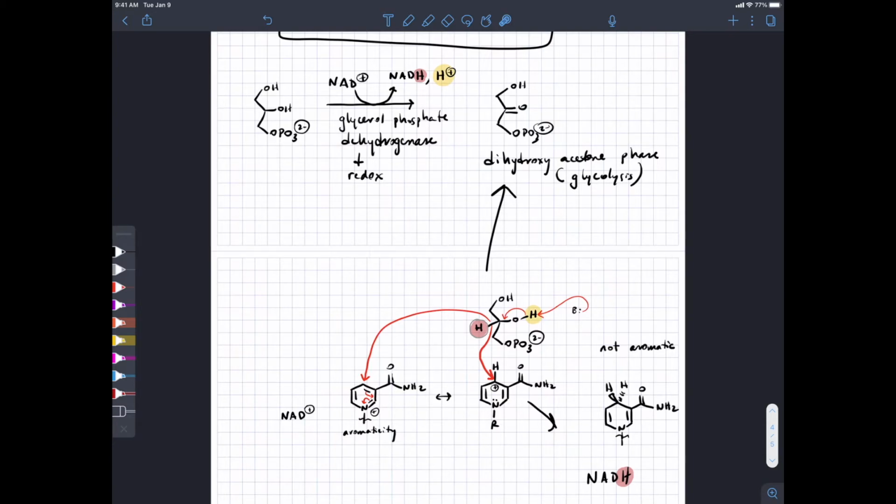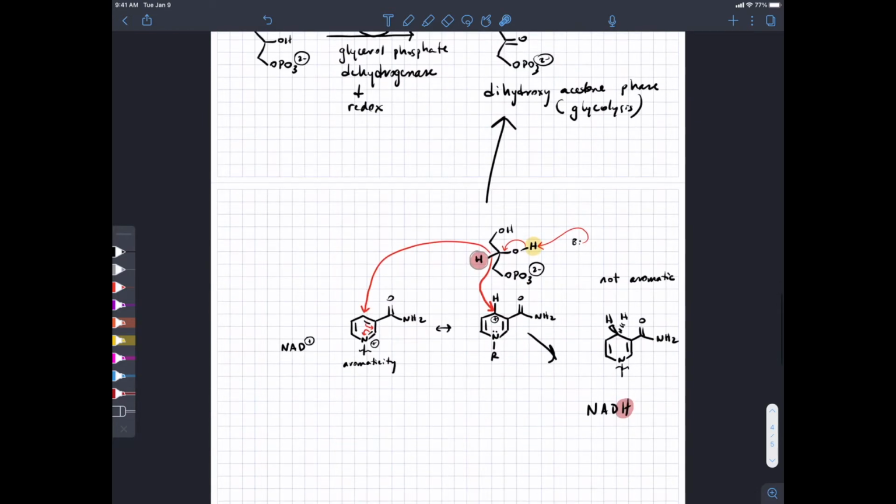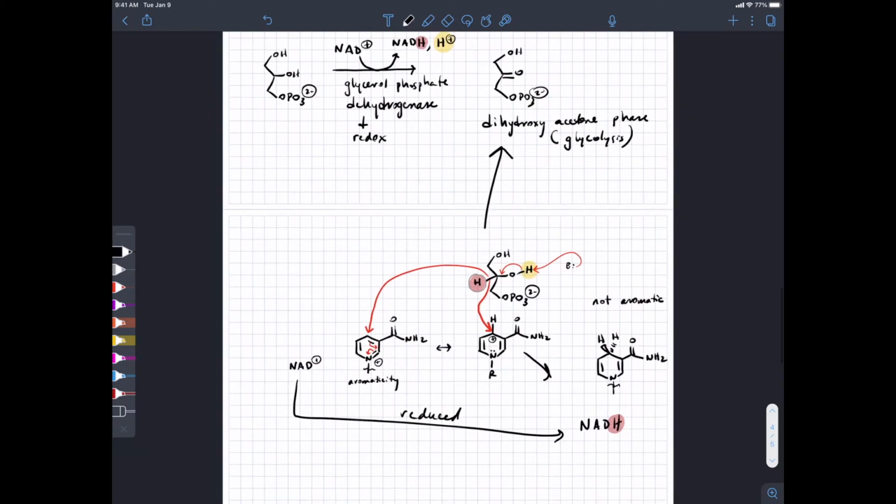In terms of how favorable the reduction is on its own, a reduction is only a half of a reaction, right? If you look at this, NAD plus gets reduced to NADH, but glycerol 3-phosphate gets oxidized. So you have both things together, and there is a way to compare the favorability of various reduction reactions. It's called a reduction potential, and you usually do it relative to a standard reaction, which I'm not sure what it is.